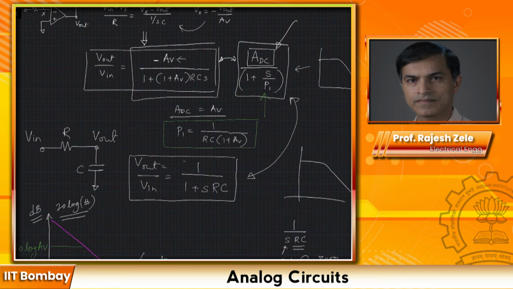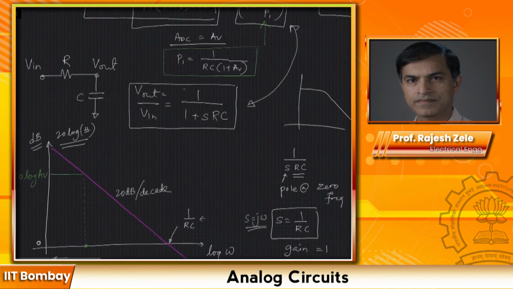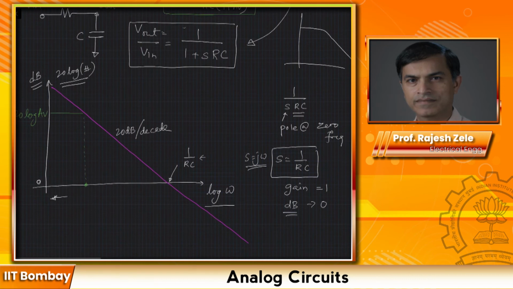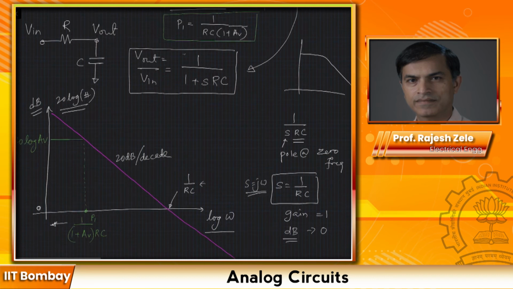So we can say that this frequency omega here is equal to 1 divided by 1 plus AV times RC. That would be the first pole, P1. All right. And let's plot our simple RC filter on the same plot, in a different color.